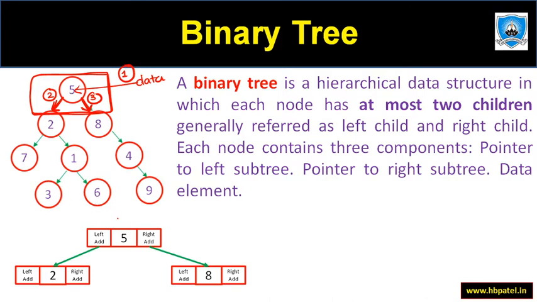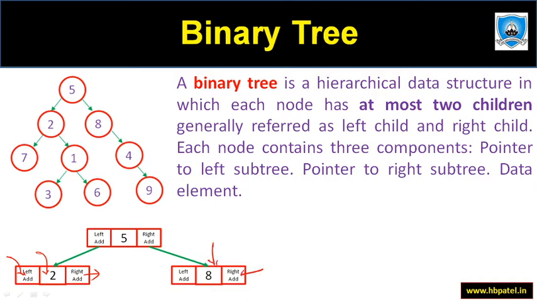This is my data, this is the right pointer and this is the left pointer. So one is data, and 2 and 3 are the left and right pointers. 3 members are there with every node. The same is applicable to other nodes also. Over here also data, left and right. Over here also data, right and left. So likewise you have 3 members in each node.